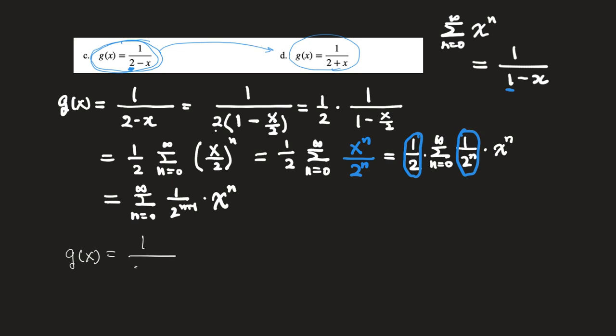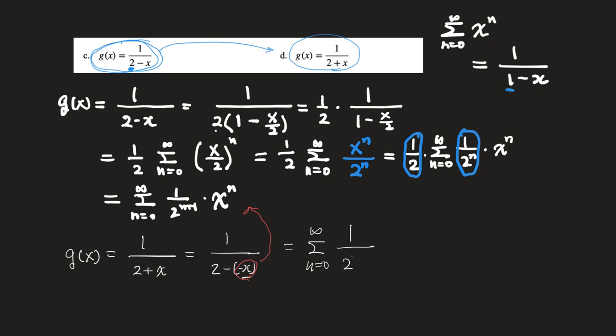So let's try this one this time. G of x equals 1 over 2 plus x. This means 1 over 2 minus negative x, right? So when you have 2 minus negative x, we already found it, you replace x with negative x here.